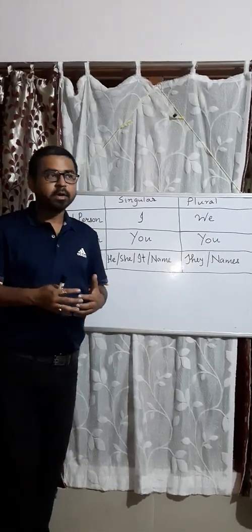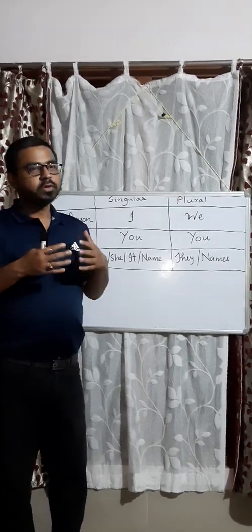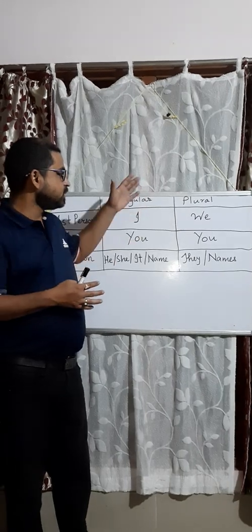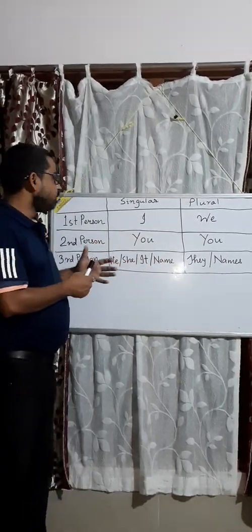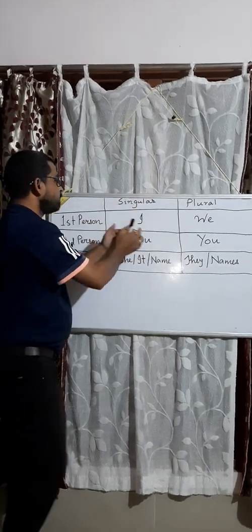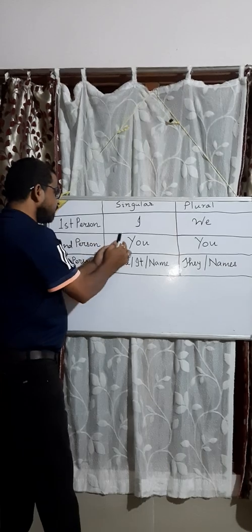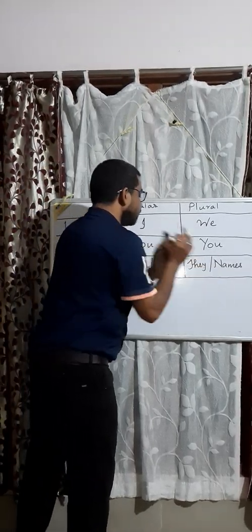Along with the concept of the auxiliary verbs, we also need to have the concept of this table while doing question tag. Well, if you look at this table, there are 6 parts in the table: first person singular number, plural number, second person singular number, plural number, third person singular number, third person plural number.